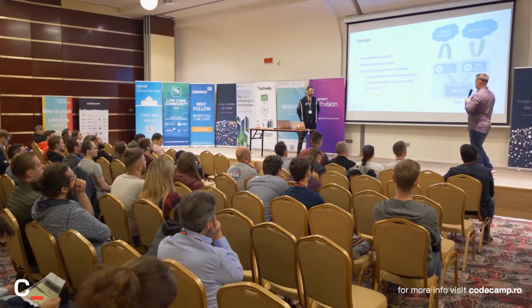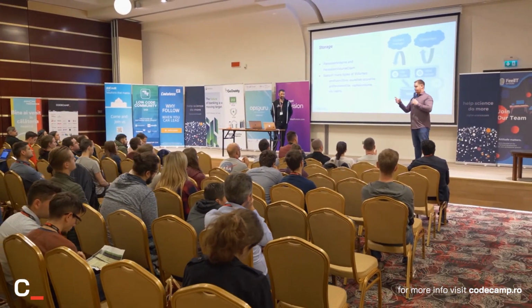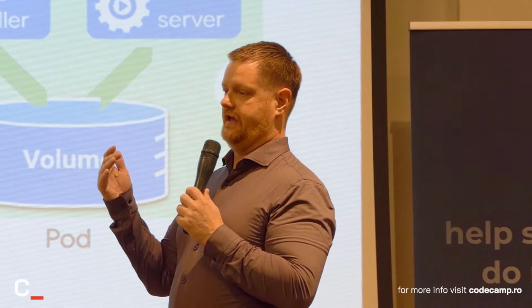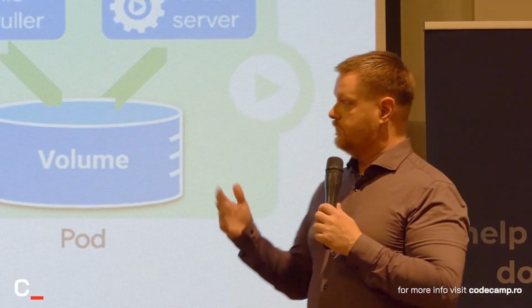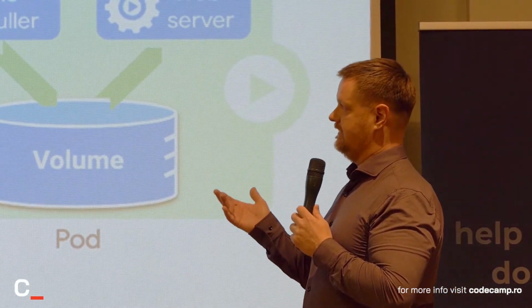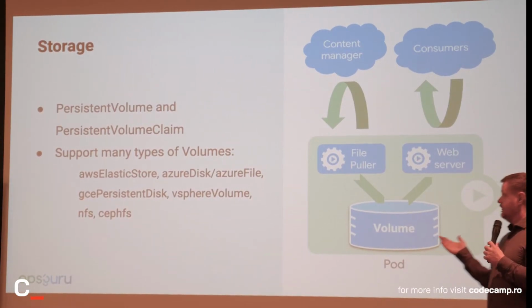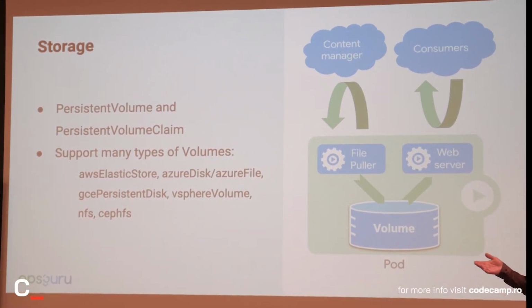What an empty dir does is create a volume local on the local disk of your node, so you can have a partition and not have an external volume. But if you need persistence, you'll use something like an EBS volume, or an Azure disk, or GCP disk, or vSphere volume, etc. It supports a lot of different volume types.